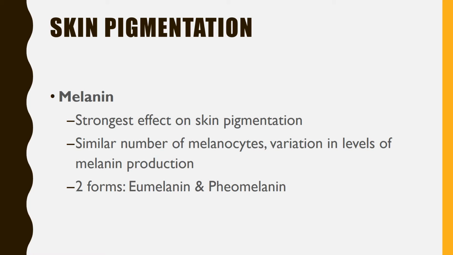In other words, low levels of melanin production will lead to a yellow kind of pale skin color. And on the other hand, high levels of melanin production will lead to a darker skin color, because remember, melanin as a pigment naturally occurs as a dark brown or black color.